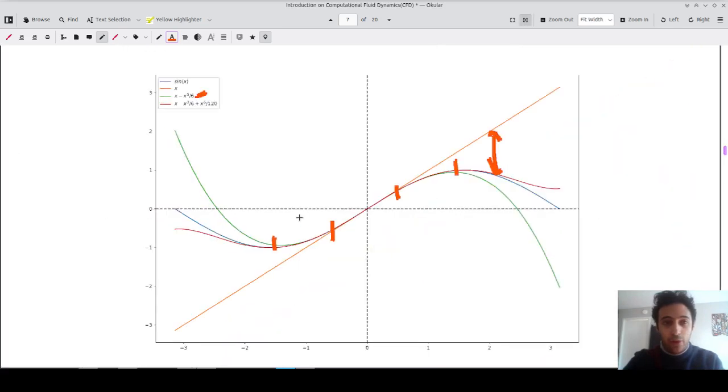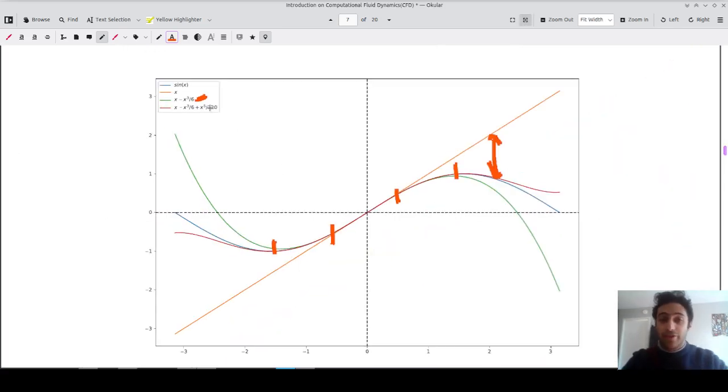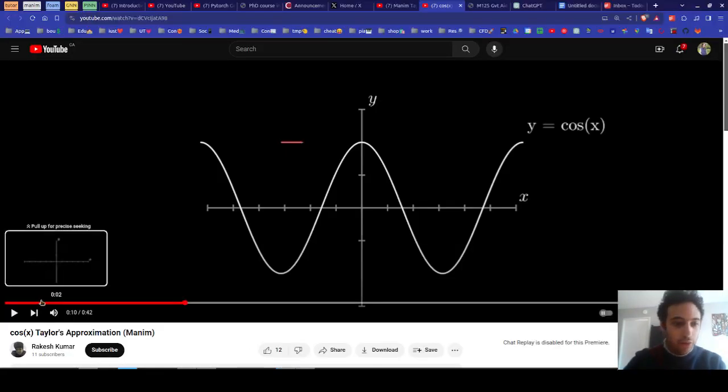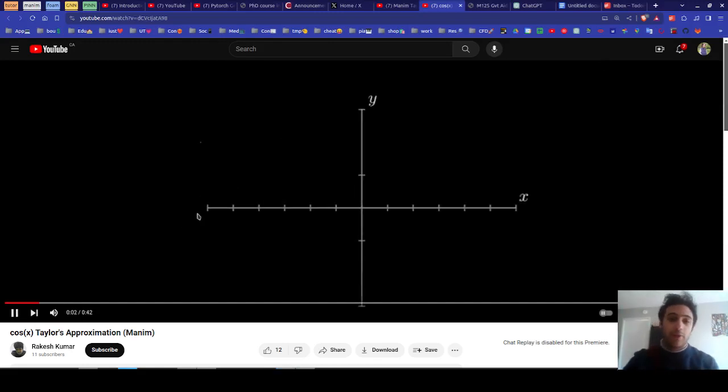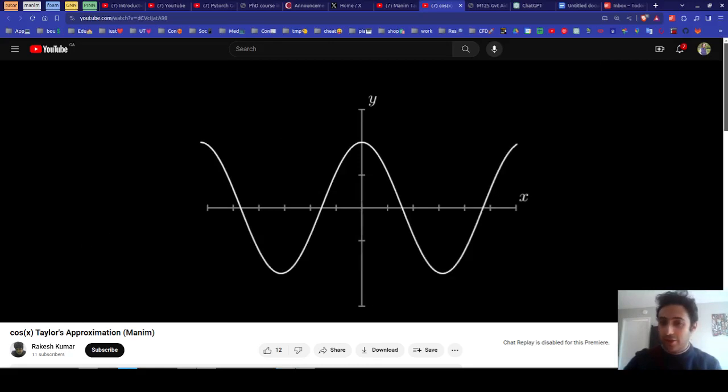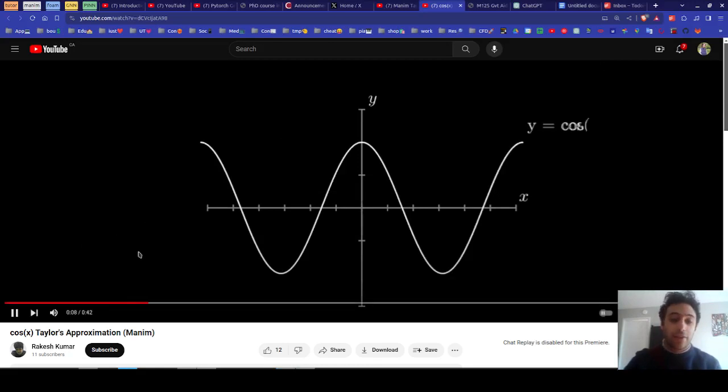And if we go to degree of 5, you can see this range expands better. There's an illustration on YouTube by Rakesh Kumar, made with Manim, and it illustrates the Taylor series very well.